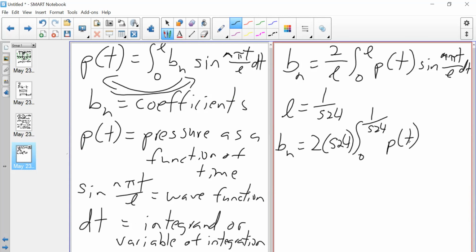So P of t, and we're going to say sine of 1 over L, which is 5/24, because L is 1 over 5/24. So this will be 5/24 n pi t. So we've already taken care of the L. So now we're going to have the n pi t. Sorry, I'm going to have to squeeze it in like this. N pi t dt. This is all one line, guys.